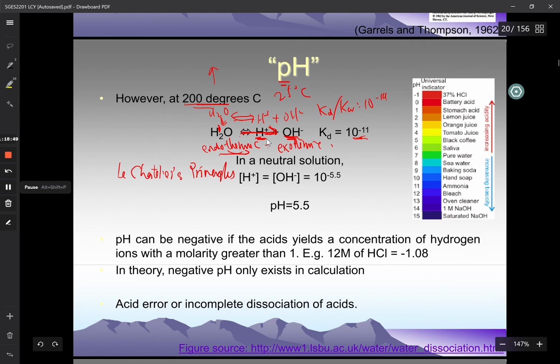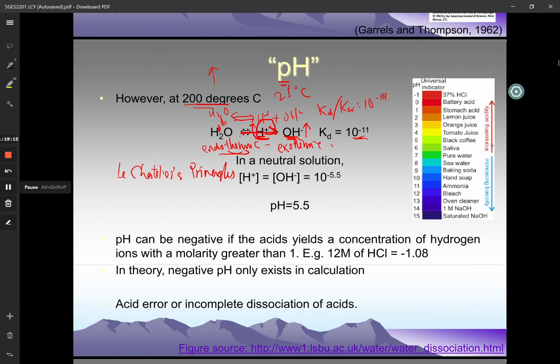So therefore when you have more of this, it means that the concentration of hydrogen will increase. The same goes for hydroxide ions, right?